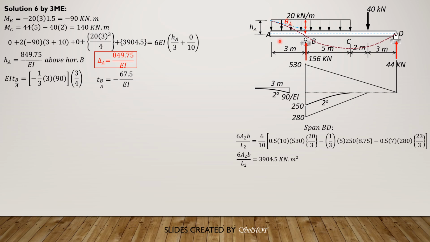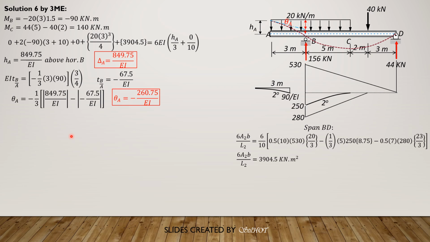The opposite is distance times theta A. Because theta A is negative, we equate 3 theta A to the negative of the quantity absolute value of HA minus absolute value of deviation of B relative to A. So theta A is negative 1/3 of the absolute value of HA minus the absolute value of deviation of B relative to A. Theta A is negative 260.75 over EI, just like before.